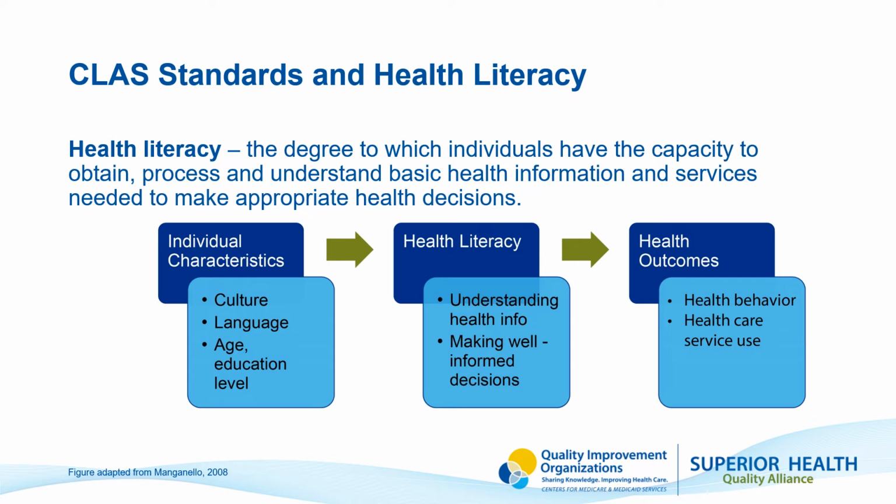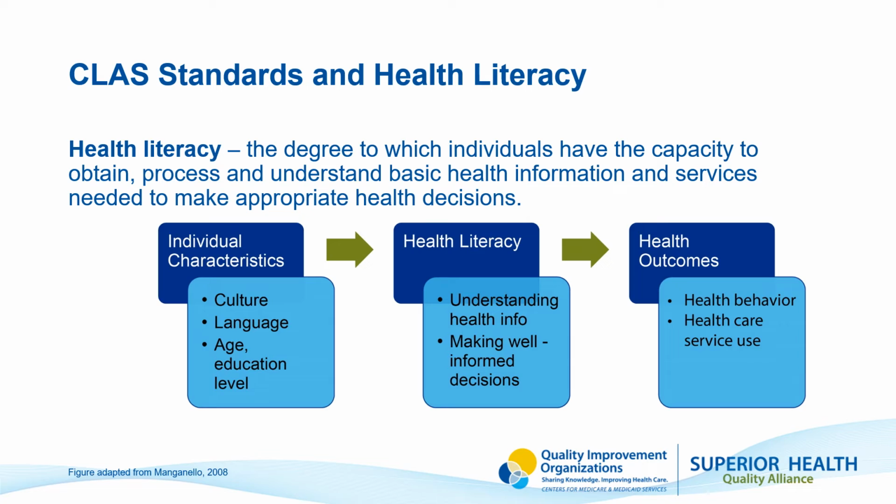But how do CLAS standards and health literacy work together? This diagram gives a few examples of how individual characteristics like age, education level, culture, and language, as well as many others, can impact our ability to understand and apply health-related information. In turn, this affects our health outcomes, including the kinds of protective behaviors we engage in and our use of healthcare services.